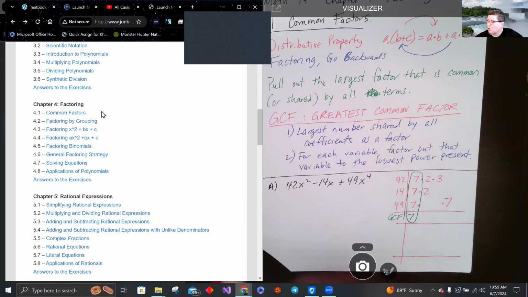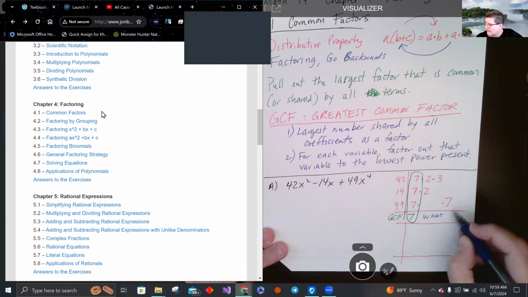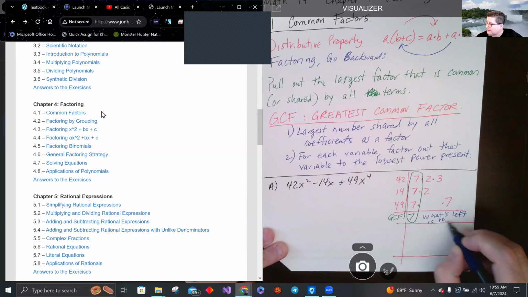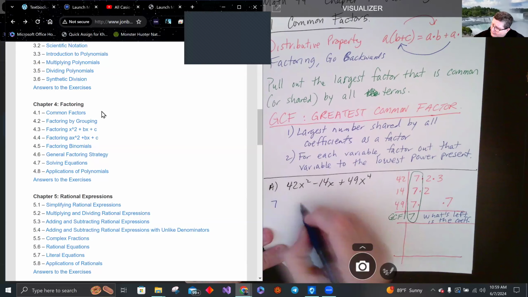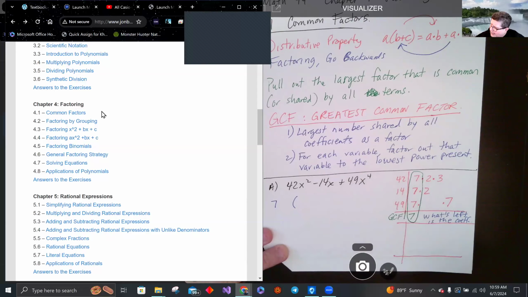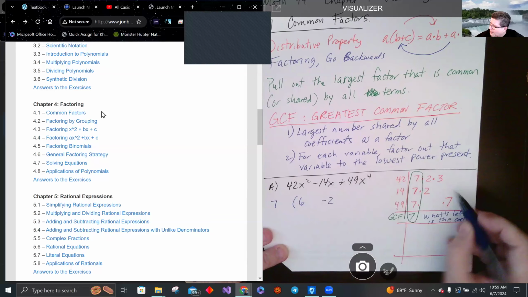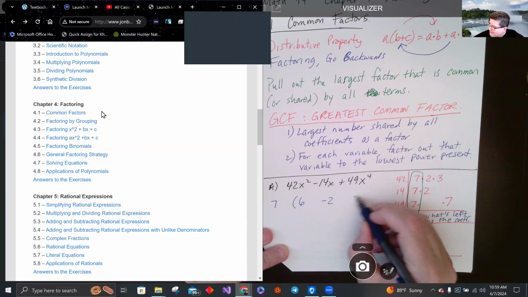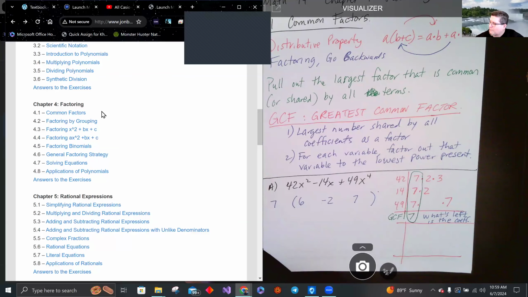What is left over is the coefficients after we factor. So if I pull out a 7, I am going to have 2 times 3, which is 6. And this is a minus 2, and then a 7. I wouldn't normally do it like this, but I'm trying to show you each thing term by term.